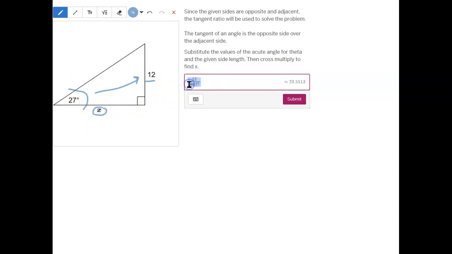We can go ahead and substitute tan 27, and we can say that it's equal to 12 over x, which is opposite over adjacent. Now we can use this fraction to set up a cross multiplication to solve for x.